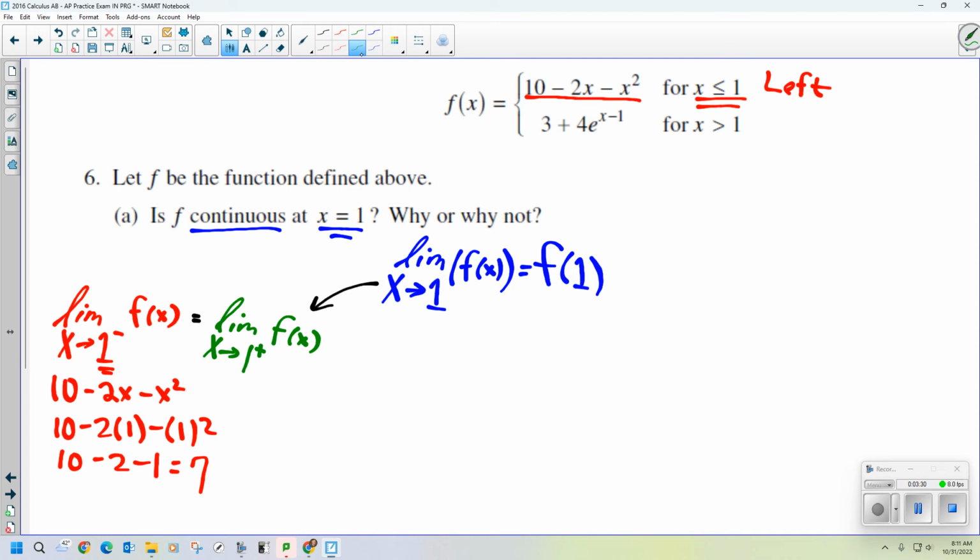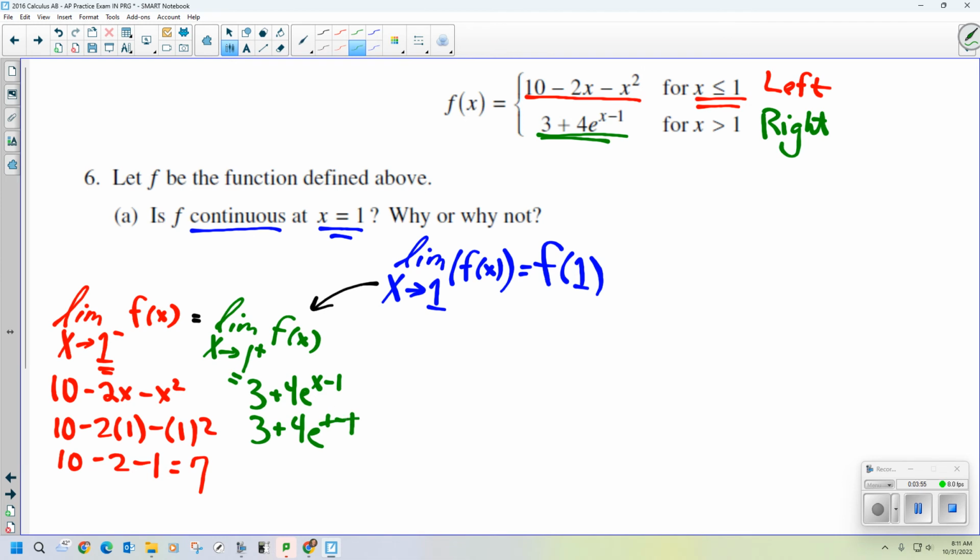Let's check 1 from the right side. Anytime x is greater than 1, that would mean we're coming from the right. So we're going to use this function, 3 plus 4e to the x minus 1, as we approach from the right. Let's throw that 1 in for our x. 3 plus 4e to the 1 minus 1.